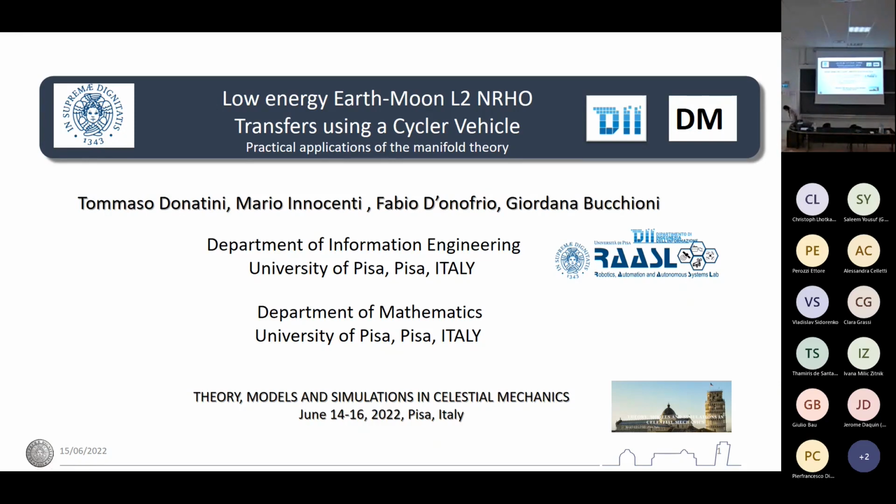And this mix is actually also the idea behind my research, because I'm trying to take some advantage from the knowledge of the dynamics of the restricted problem to propose innovative solutions to increase the autonomy of spacecraft. This is also the idea behind this preliminary study for transfer between Earth and Moon.